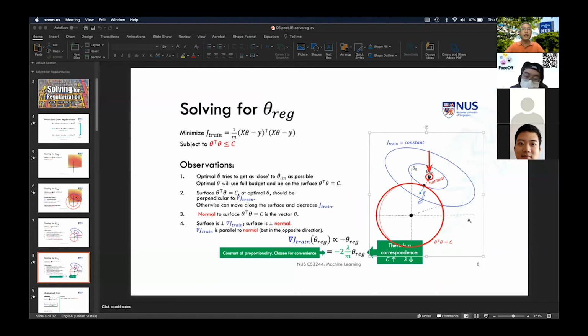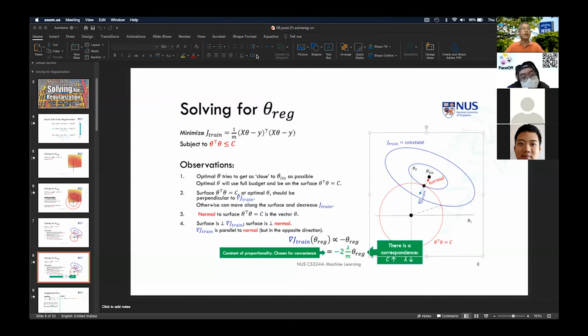But we can't get to that with the solution, so we can only afford to get the point that's over here. And we're basically saying that to find this point, we just need to make sure we understand that the gradient of the loss function and the vector normal to the circle, the L2 regularization, would be opposite each other.